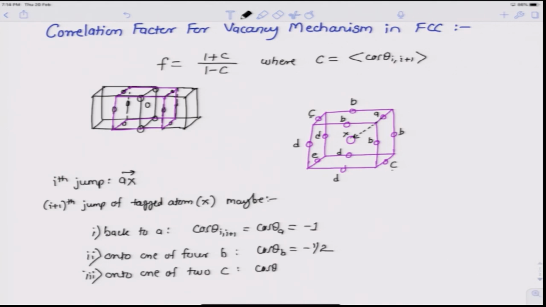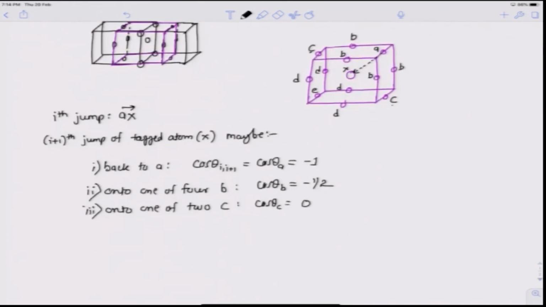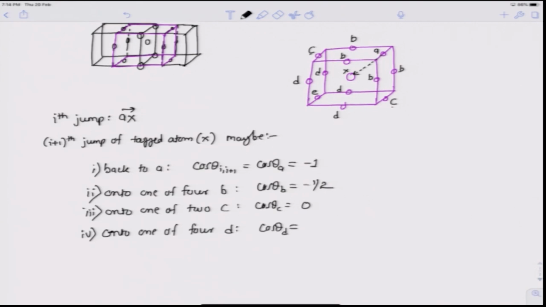So, the cos theta for that would be 0, or it can be onto one of the 4 D sites. So, cos theta D would be half, because any of the jump vector x d is making an angle of 60 degree with A x, or it can be straight onto site E, for which cos theta would be 1.